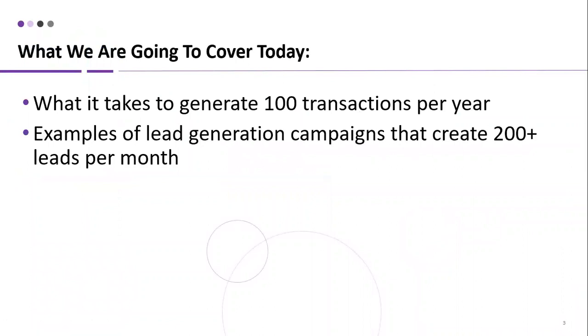Some of you may be knocking on doors, or cold calling, or doing whatever it is you're doing in your business to generate new opportunities. But chances are a lot of those opportunities are not producing leads at this kind of volume. I'm going to show you exactly what it takes and also exactly what it costs to do that.